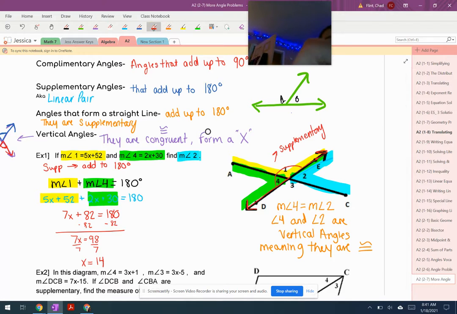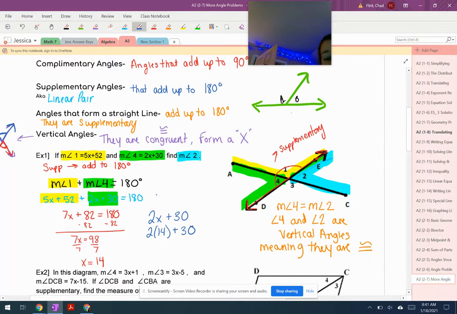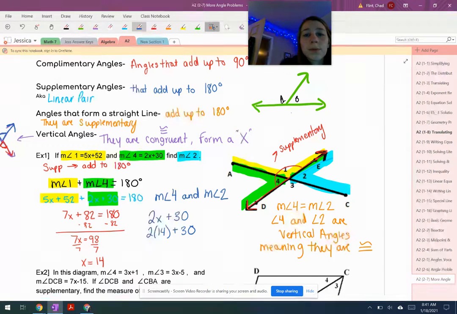So the measure of angle 4 is 2x plus 30, and I found x to be 14. So this would be the measure of angle 4 and the measure of angle 2. Angle 2.